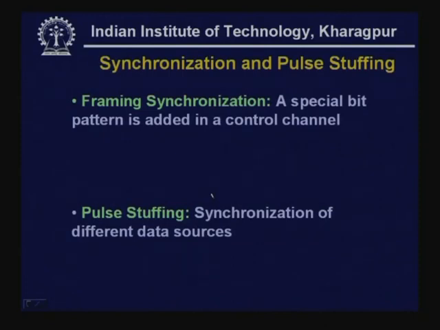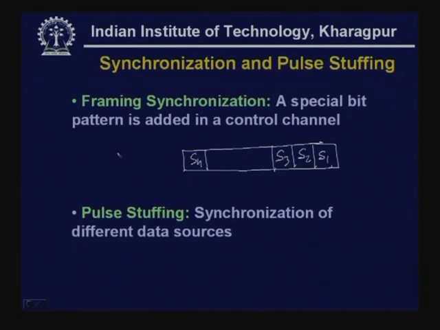Now, the question arises: whenever you do framing, say this is from source 1, this is from source 2, this is from source 3, and in this way source n.